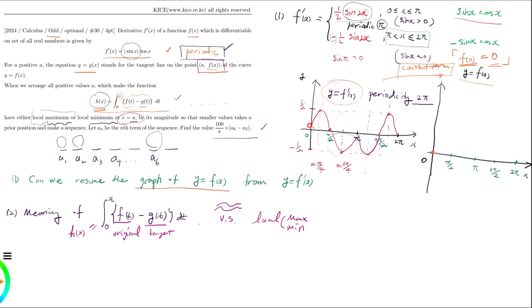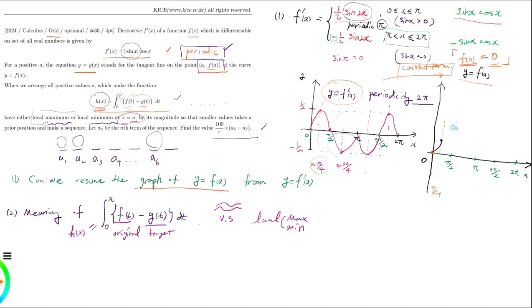The first part has a positive derivative from 0 to pi over 4. Here, pi over 4. And then its derivative increases, so it's concave up here, concave up.